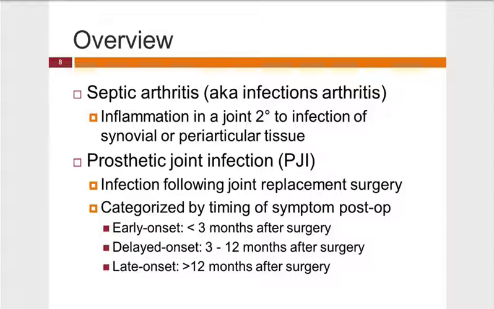Wrists and knees and hips, they're not the same. But in terms of timing of when you get the infection from the time of surgery is actually important. And any guesses as to why it's important? Like, why do I care if you got your infection at 5 months after surgery versus 2 months after surgery?